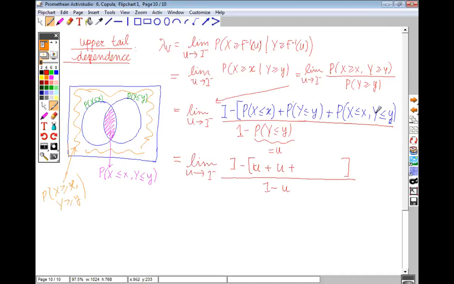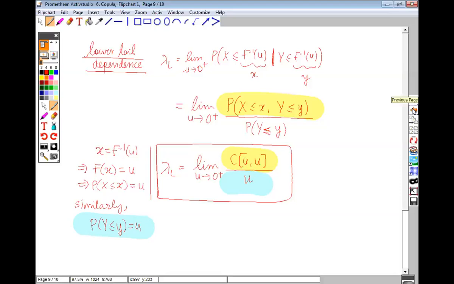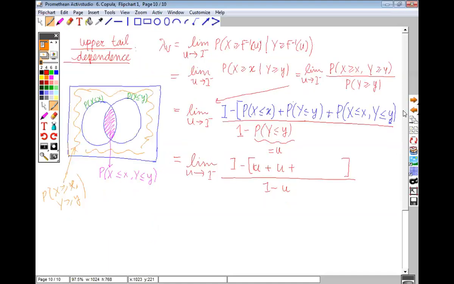Do we know the value of this? If you have a look at the lower tail dependence, what was it? It was exactly this, right? What did we use? We used the copula, u comma u. So that is the same thing that you're going to use here. You will get here copula u comma u.